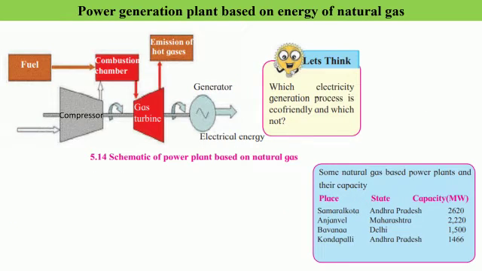Let us now try to understand the production of electrical energy in a power plant based on natural gas with the help of this schematic diagram. The important parts of the power plant are a compressor, whose function is to compress the air so that it is under pressure.